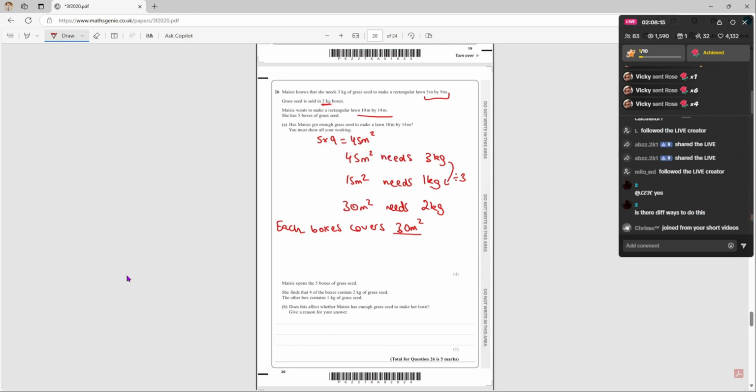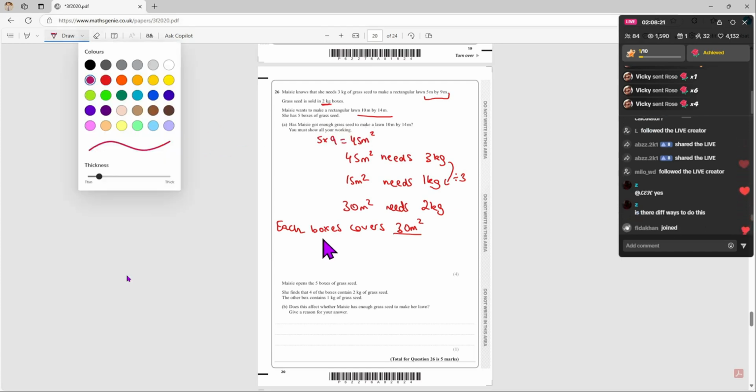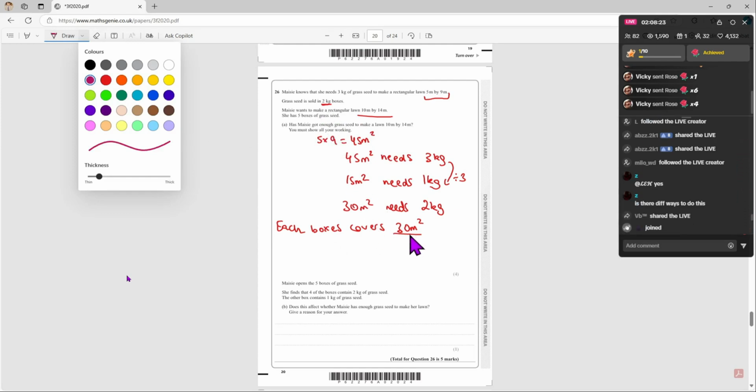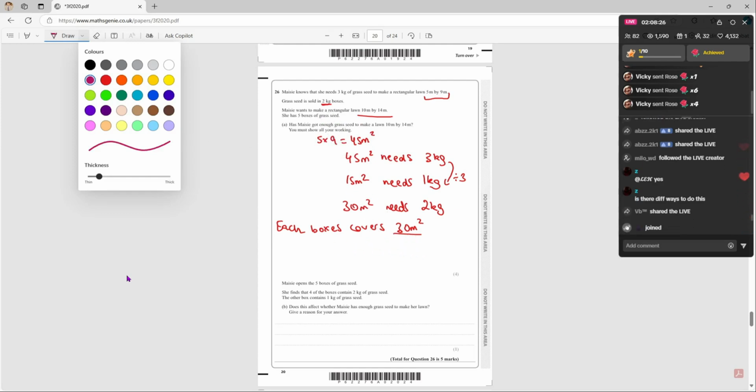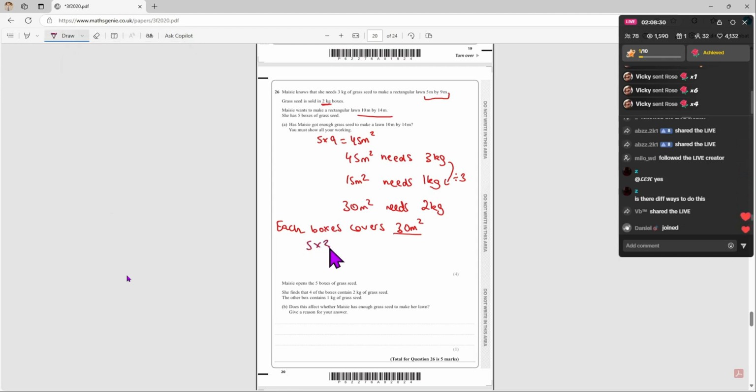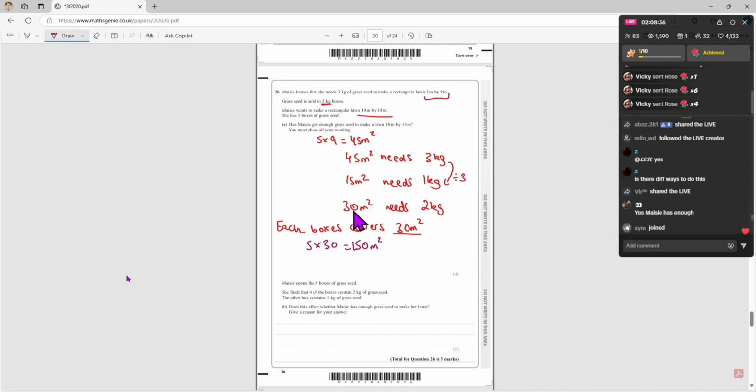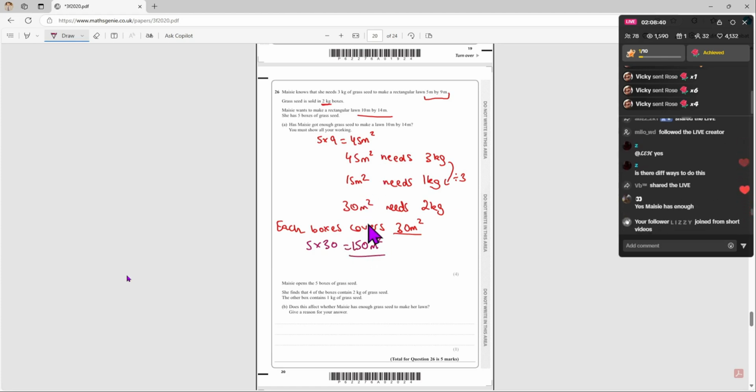So now she has 5 boxes of grass seeds. So we are just going to do 5 multiplied by 30 meters squared, because that's the amount one box covers. So 5 times 30 is going to be 150 meters squared. So Maisie has enough grass seeds to cover 150 meters squared of area.